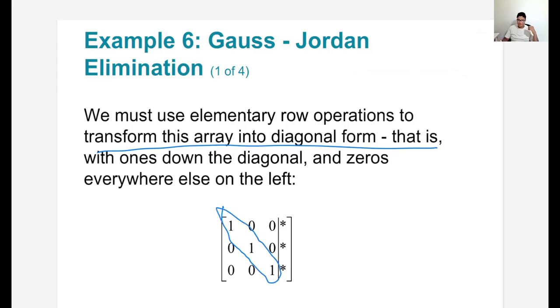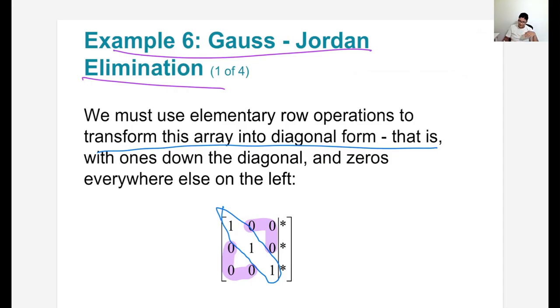That will be easy to do. But focus on everything else also. What do you see? Everything else is 0. That is what we try to achieve by using the row operations. And that method is called the Gauss-Jordan elimination method.